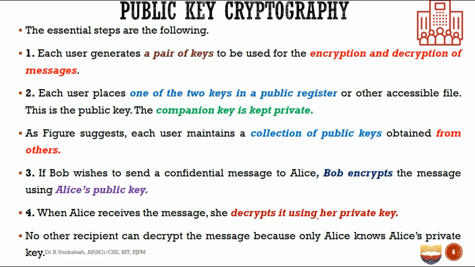On the receiver side, the receiver will receive the ciphertext and decrypt it using their own private key. No other recipient can decrypt the message because only Alice knows Alice's private key, since the private key is kept secret. So no attacker can decrypt the messages.